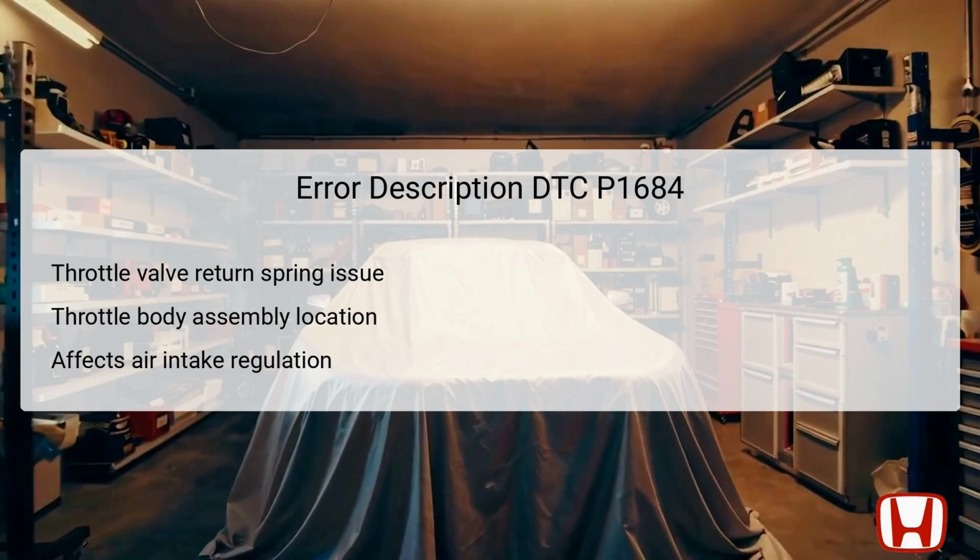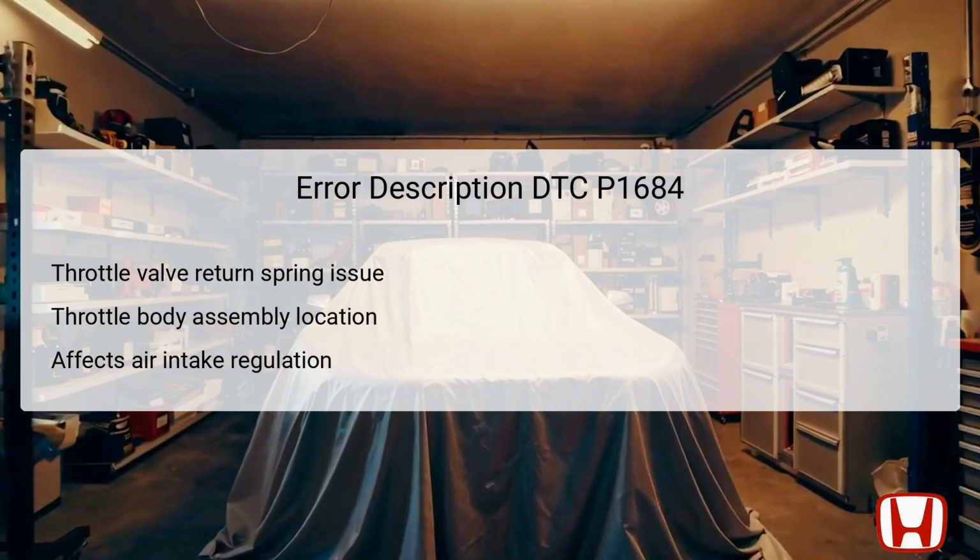The DTC P1684 signifies a specific performance malfunction related to the throttle valve return spring. This spring is responsible for ensuring that the throttle valve in the throttle body returns to its closed position when not engaged. The throttle body itself is typically located towards the front of the engine bay, between the air filter and the intake manifold.